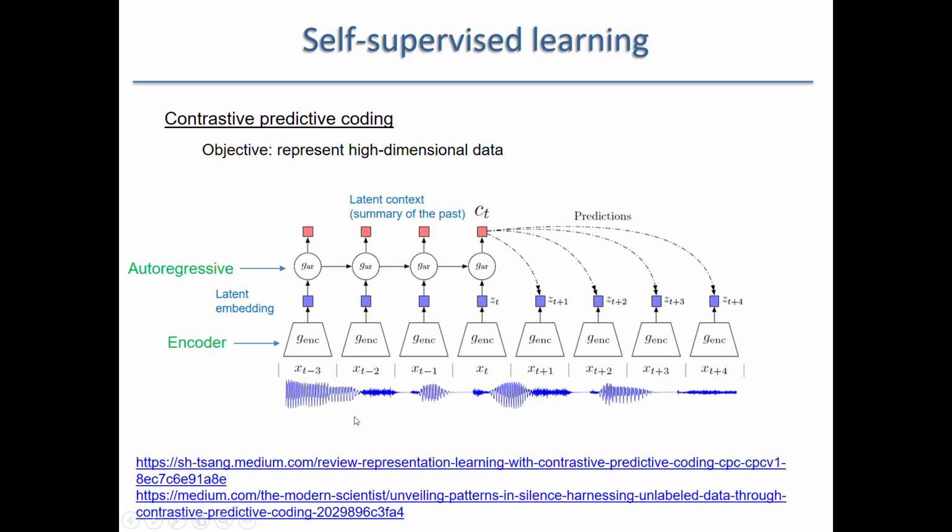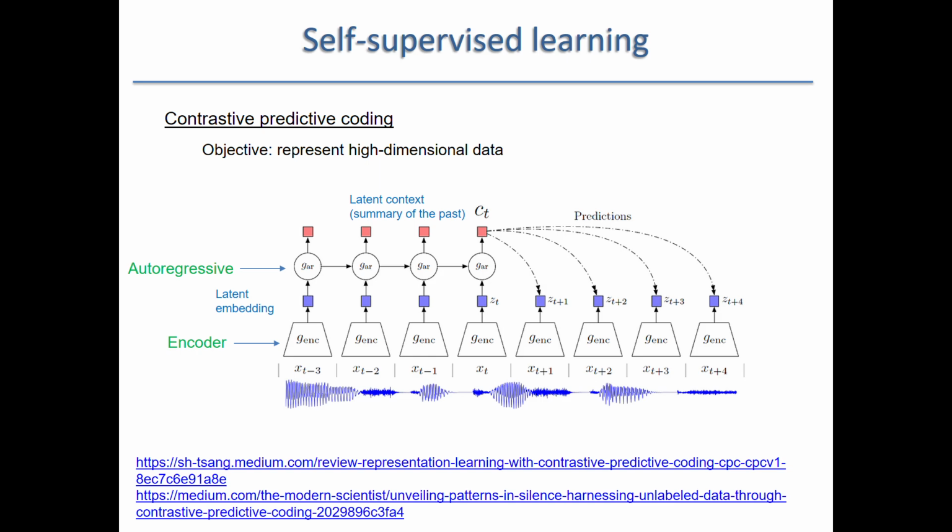For instance, let's say that we have a speech signal like this one. We divide it into pieces, and then each one of the pieces goes through an encoder. The encoder is shared for all pieces, so they will produce some latent embedding, and then there is an autoregressive model on top of this. These are the recurrent networks that we also studied.